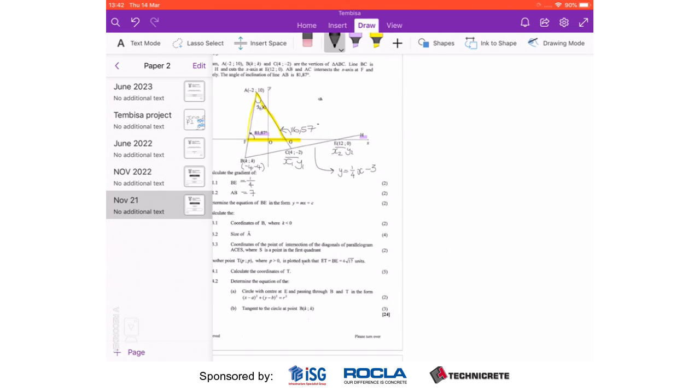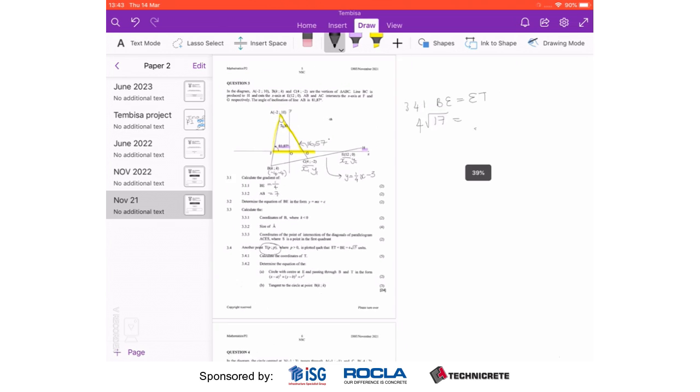So they are telling me that BE, so this is 3.4.1, they're telling me that BE is equal to ET. And we know now that the coordinates of T is P and P. We now just need to use distance formula to help me. So they give me the value for root 17.